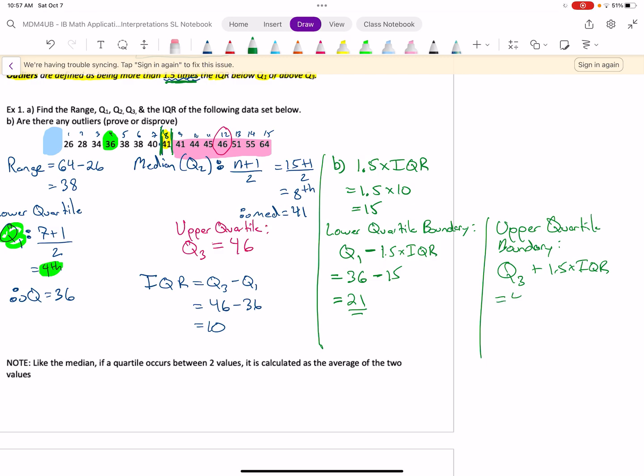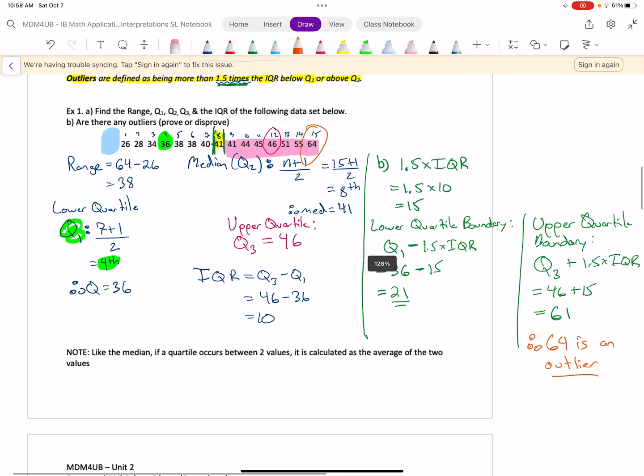Q3 was 46 plus 15, and I get obviously 61. So in this scenario, now I go over and look: is there any number 61 or greater? And of course there is. So therefore, 64 is an outlier.